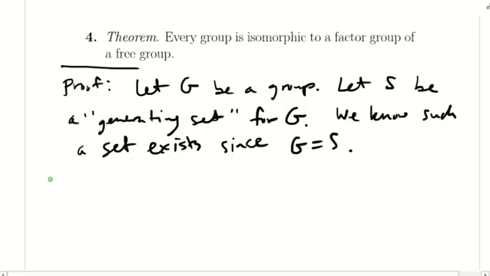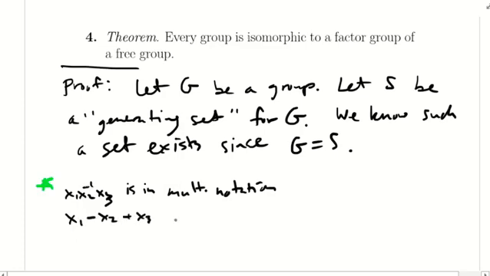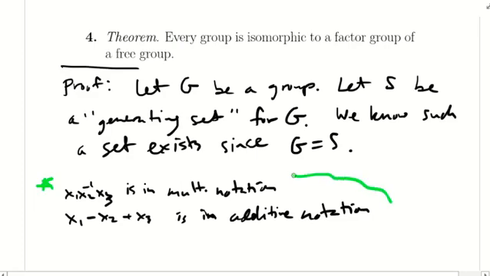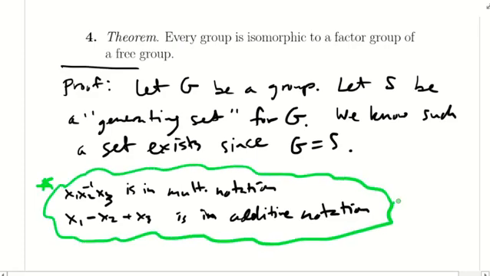Maybe I should have said something like that before. x1 x2 x3 as a word in multiplicative notation is like x1 minus x2 plus x3 in additive notation. The more general case is the multiplicative notation, so I'm going to use that.